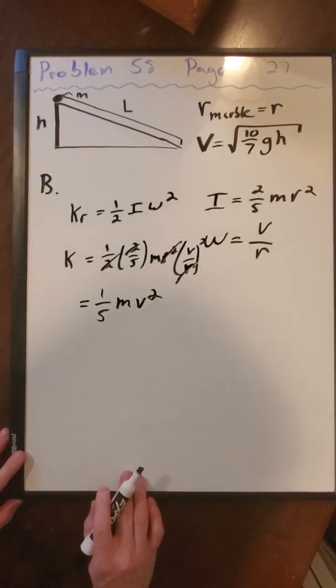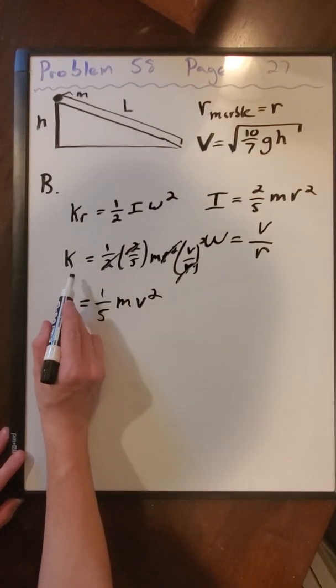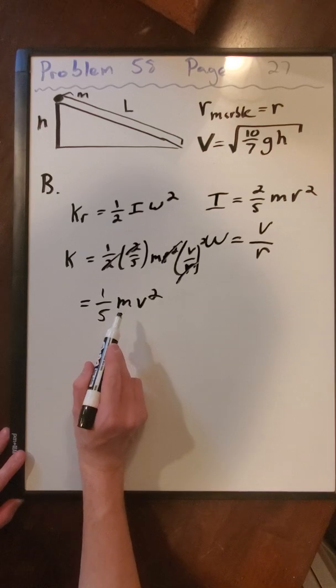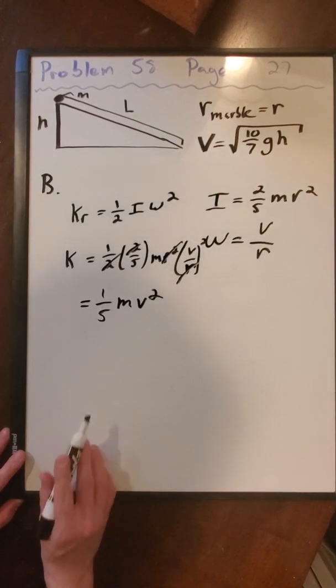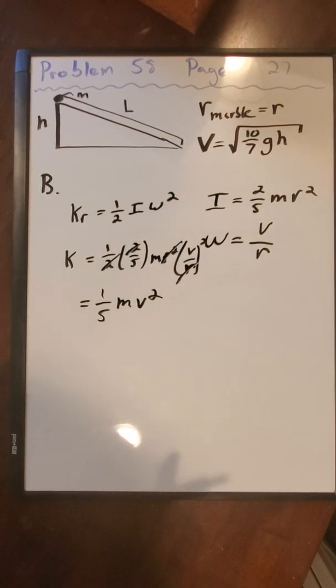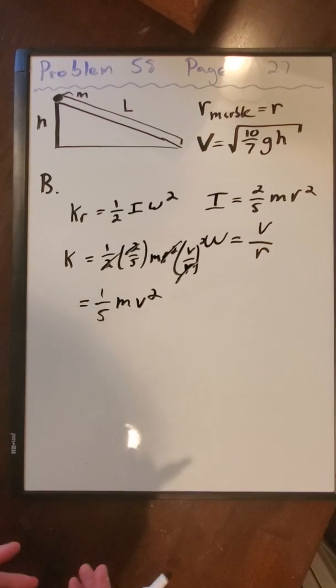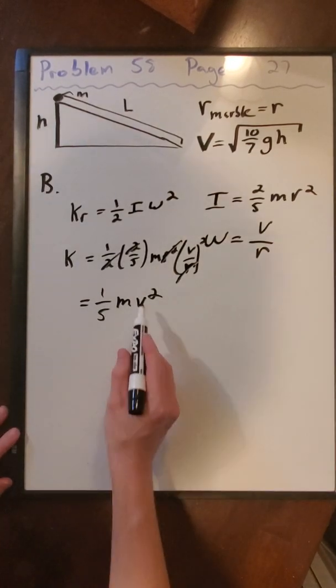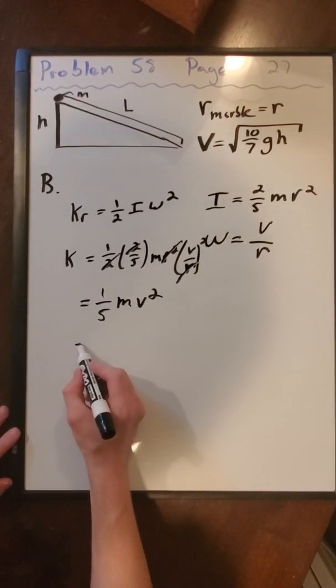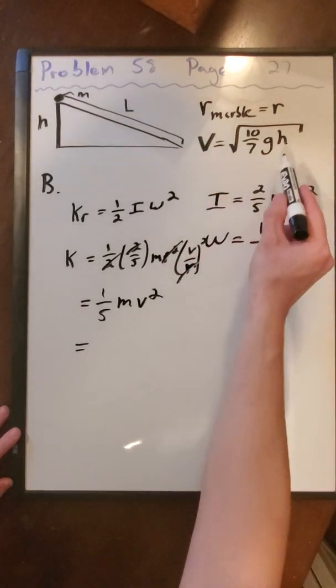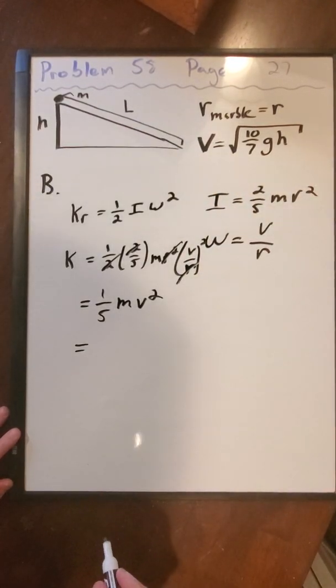Notice here that whenever we're calculating just the kinetic energy, the mass does not cancel because we're not using conservation of energy. We want to know just what the one individual energy is. And in this case, mass is important. Now all we have to do is plug in what v is, and our velocity, as we found above in part A, is going to be the square root of 10 over 7 gh.